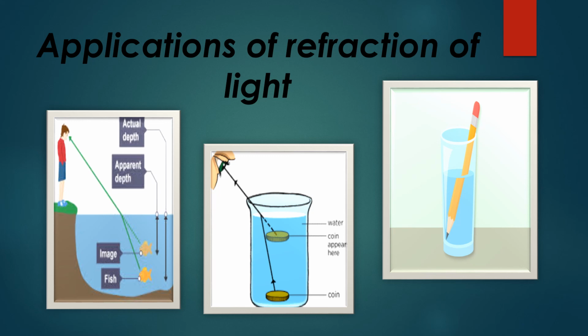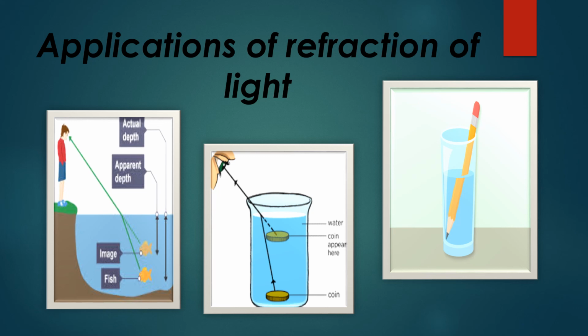Look at the third picture. An object in water appears to be bent because of the refraction of light. Light from the top of the pencil enters our eyes as usual. However, light from the part of the pencil that is in the water bends away from the normal as it enters the air and into our eyes.